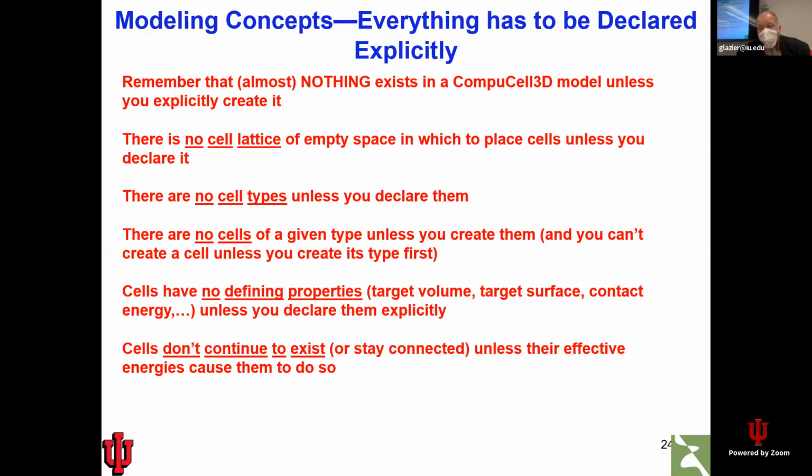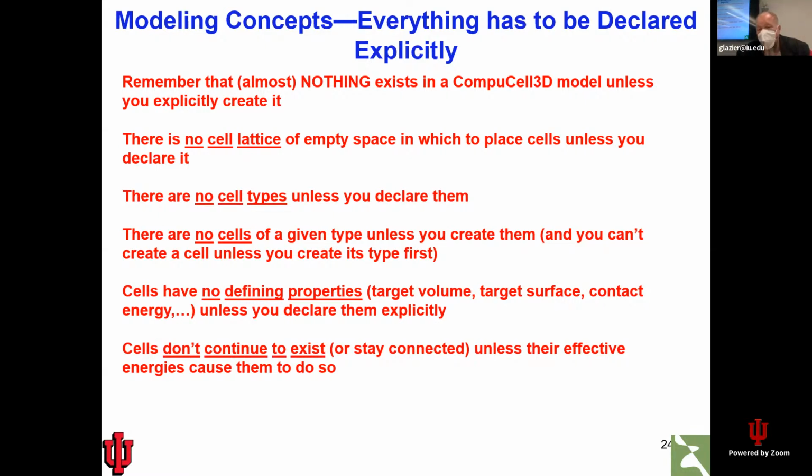Another thing which you've heard me say before, and I'll come back to, is that CompuCell doesn't give you very much for free. In the real world, we get physics for free. If I have 2 robots that are running around and they bump into each other, something will happen.